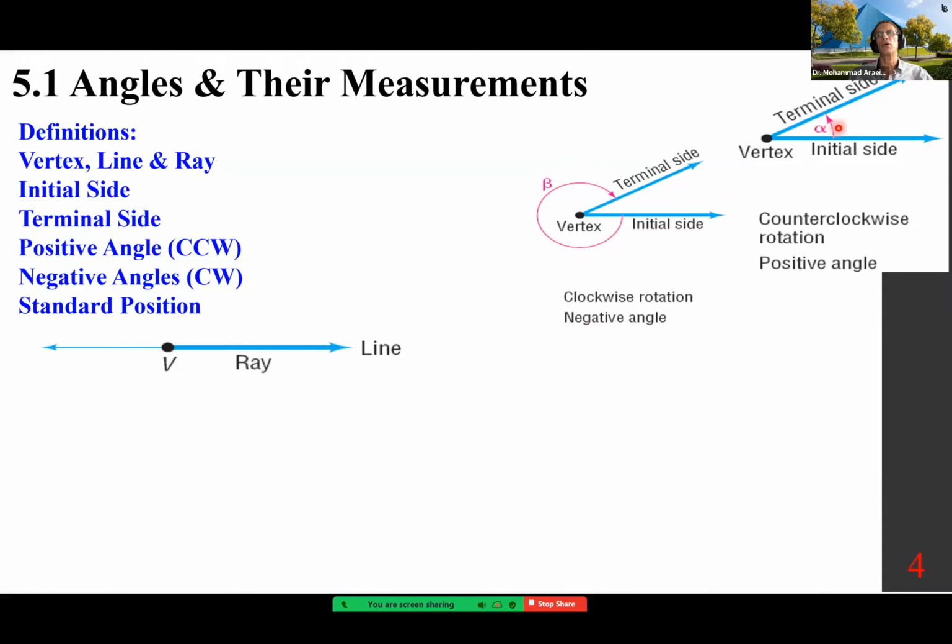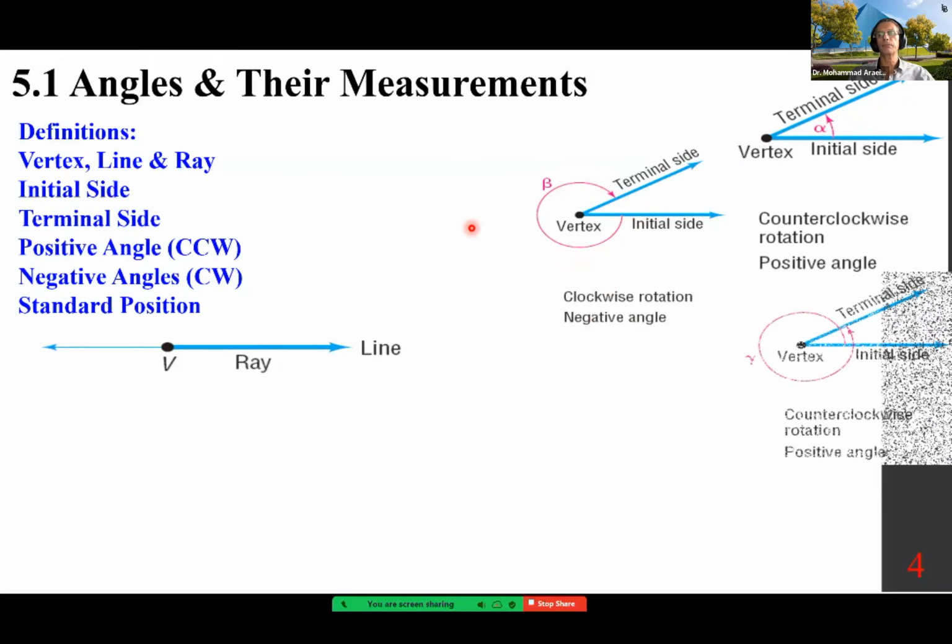Just for the sake of argument, if this is, let's say, 60 degrees, the whole thing is 360, so this is minus 300 degrees. Now, here's your initial side. Here's your positive angle that goes more than one revolution, and we still have the vertex here. Counterclockwise rotation, positive angle.